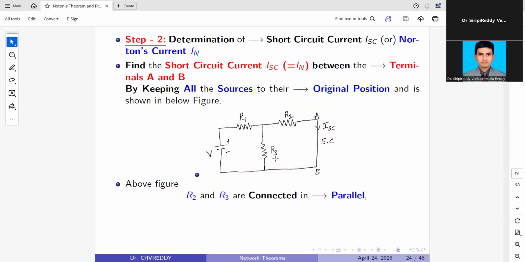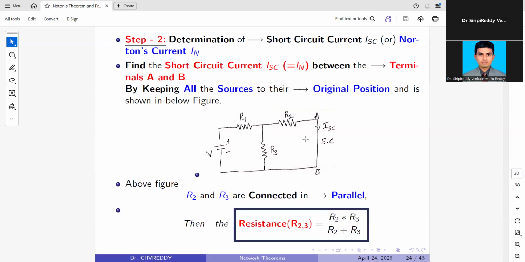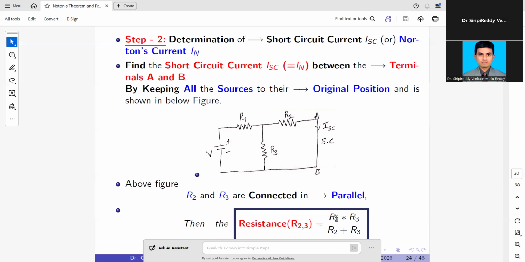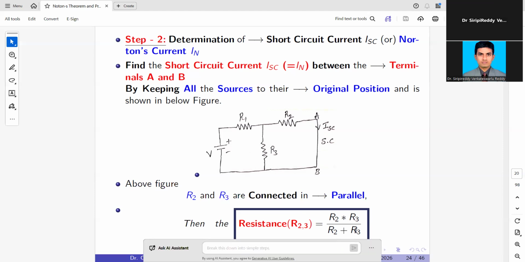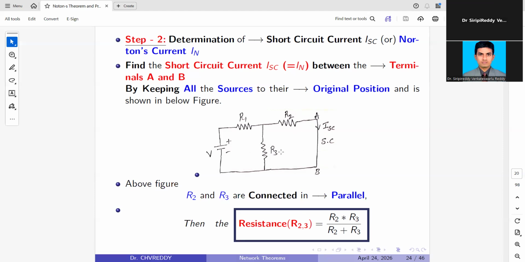If you observe this figure, R2 and R3 are connected in parallel. So now the resistance is R2 into R3 divided by R2 plus R3. Why R2 into R3 divided by R2 plus R3? Because here R2 and R3 are connected in parallel.